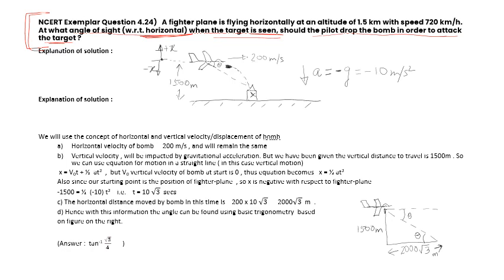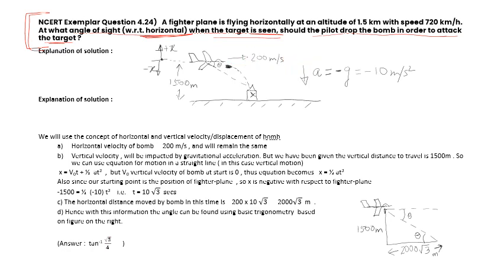Now, a few things are known. We know the horizontal speed of the bomb will be the same as that of the aircraft, and that will always remain constant at 200 meters per second because gravity doesn't act on this speed. This is a horizontal speed, and gravity is in the vertical downward direction, and orthogonal vectors don't interact with one another.